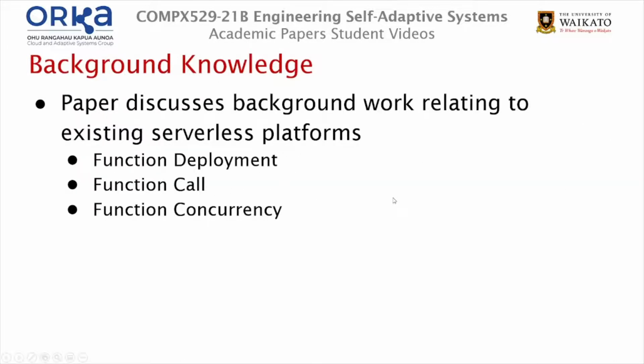Some background knowledge: the research paper discusses and summarizes how past work platforms deploy and invoke functions in parallel as well as in sequence. In serverless computing, the cloud operator takes the responsibility of managing the servers and system resources to run the functions supplied by the developers. With this background knowledge, the majority of serverless platforms use containers and map each function in its own container to achieve this goal.